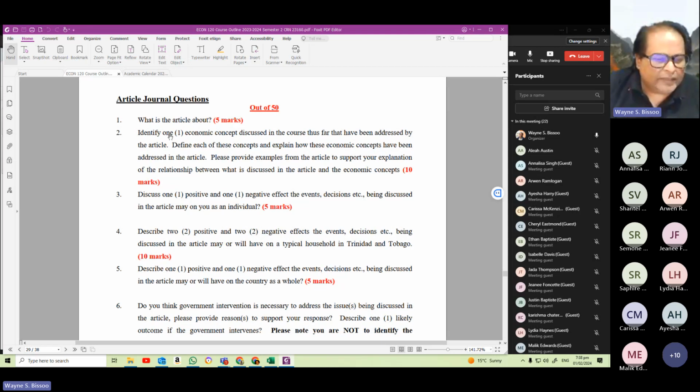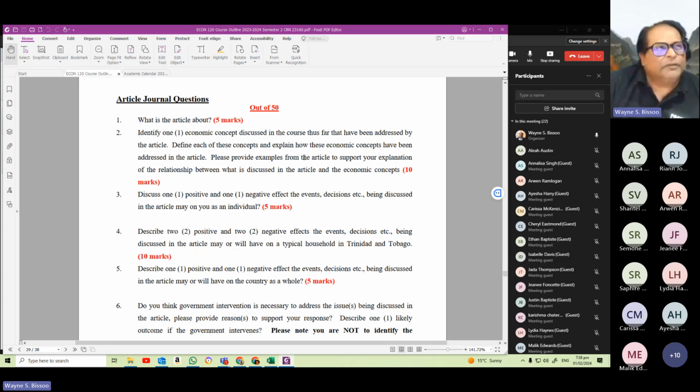You have to identify one economic concept discussed in the course, microeconomics, that is addressed in the article or is part of what that article is about. Define the concept, explain how that concept has been addressed in the article, and provide examples from the article to support your explanation of the relationship between what has been discussed in the article and the economic concept from the course itself.